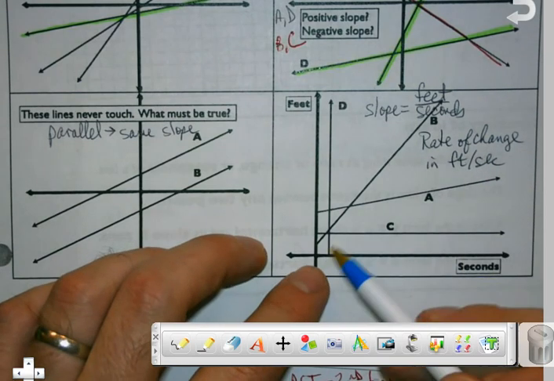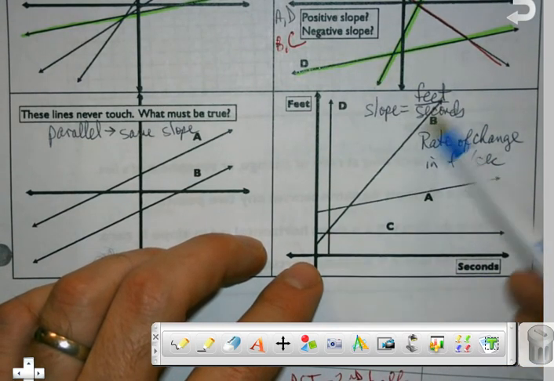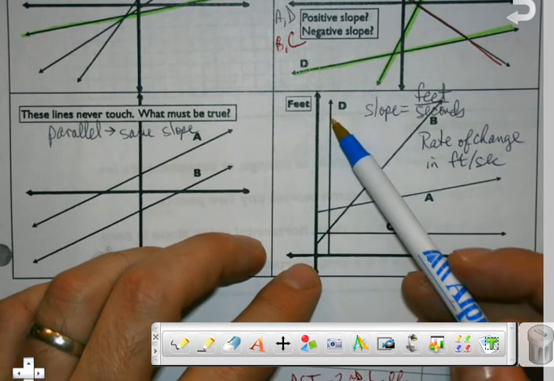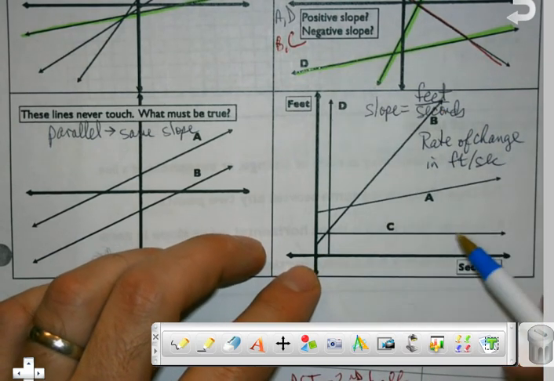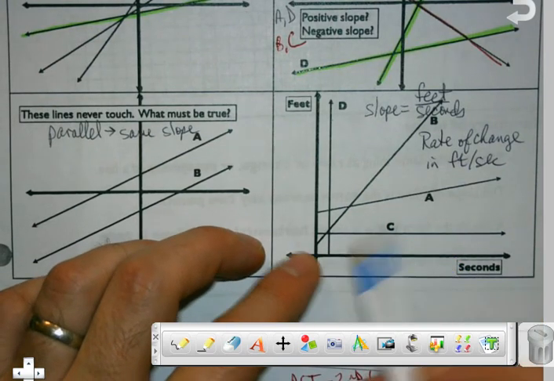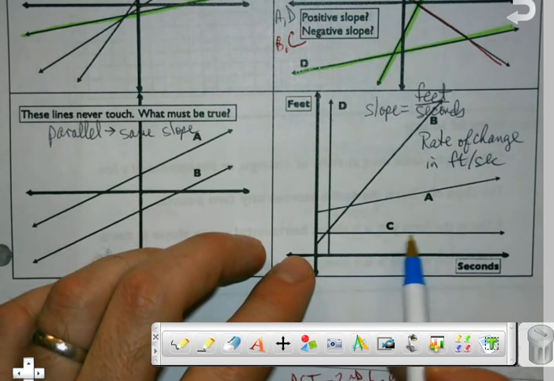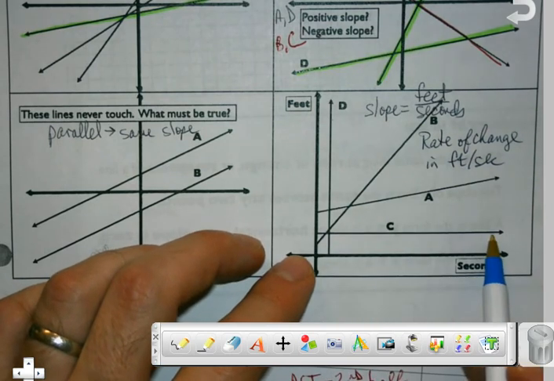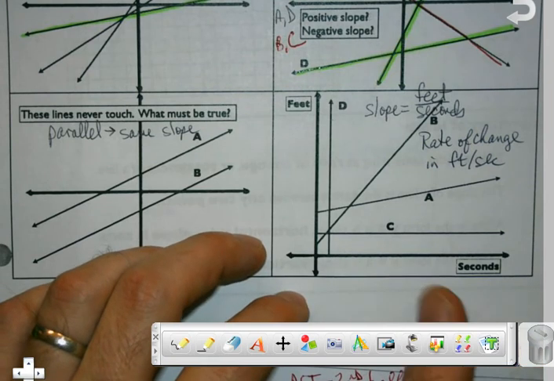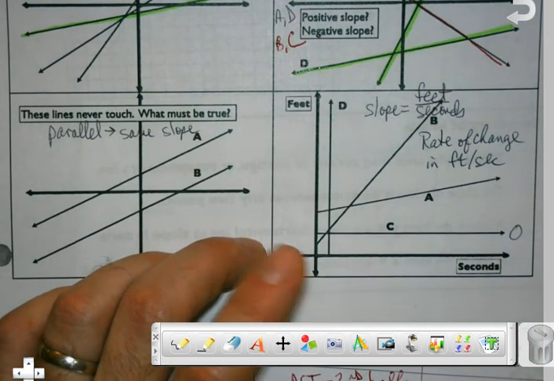So for instance, if I was just looking at a chart, this person is walking a pretty good pace, getting a whole lot of places per second. This person's going really fast, and this person's basically standing still because time is elapsing and they're not going anywhere. That would be a 0 slope because I'm not going anywhere.